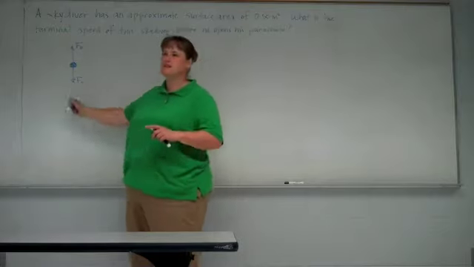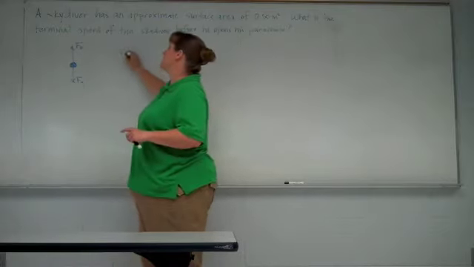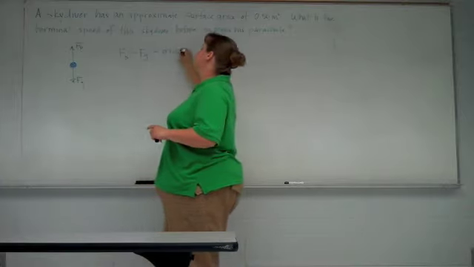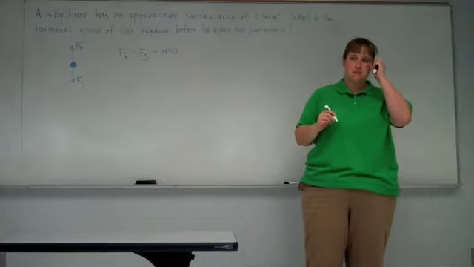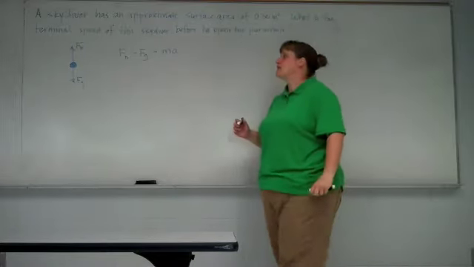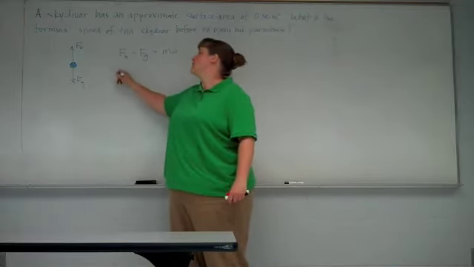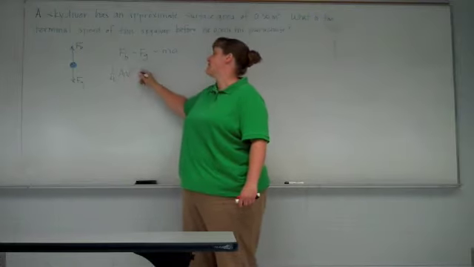So we only need to sum the forces in the y direction. Force of drag is up, force of gravity is down. So that equals the mass of our skydiver times the acceleration of our skydiver. Now we have an approximated equation for drag: 1/4 times the cross-sectional area times the speed squared.